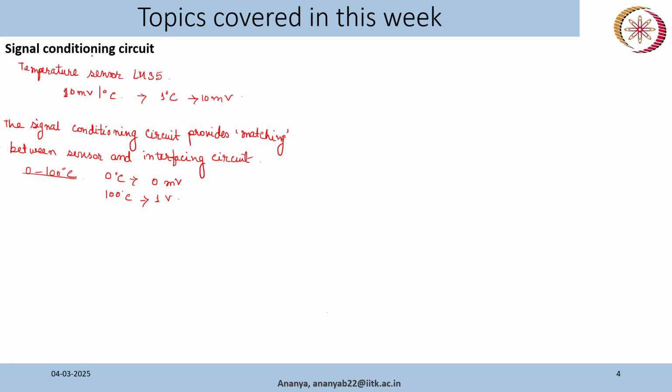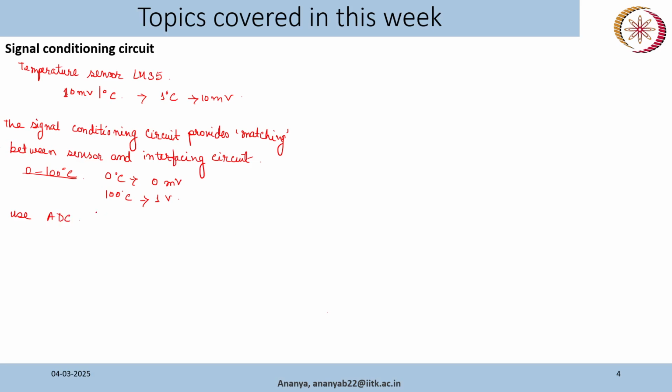Now the output of this sensor is analog in nature, but many times when we want to use it for decision making, we normally compare it with some standard value, and it is easier to use a digital input for our decision making unit. So we want to convert this analog signal to a digital signal. We will use an ADC, an analog to digital converter, which you have studied in your basic electronics courses.